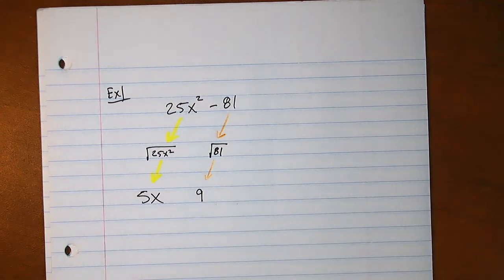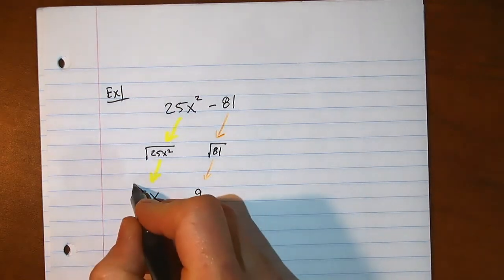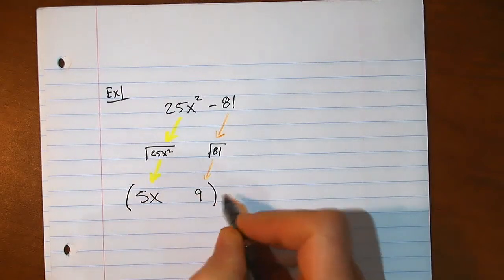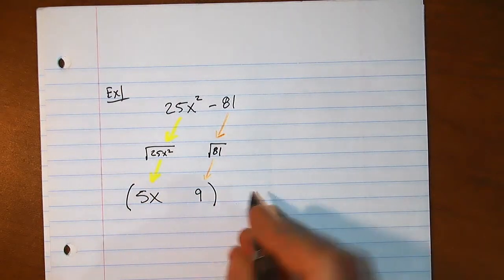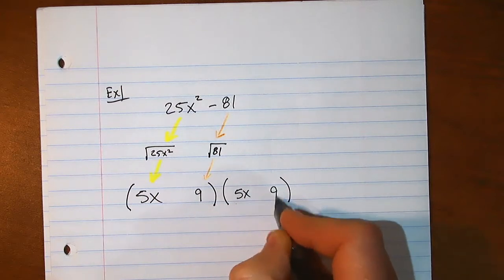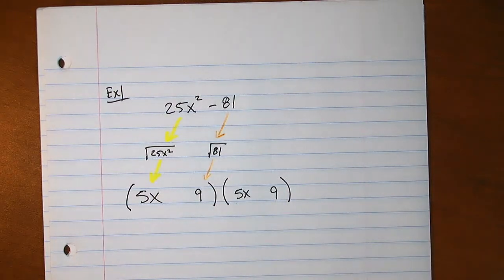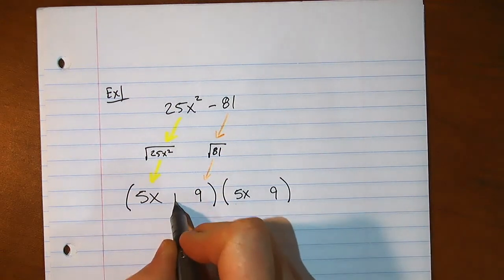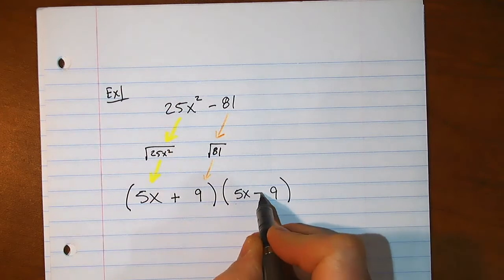Okay, now the last part was just to use the structure. The structure said we're going to end up with conjugate pairs, which means we're going to get one set of parentheses that has a 5x and a 9, and a second set of parentheses that also has a 5x and a 9, because conjugate pairs have the same terms in them. The difference between conjugate pairs is one will have a plus sign and one will have a minus.